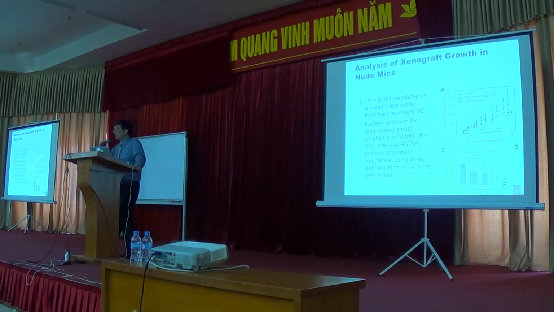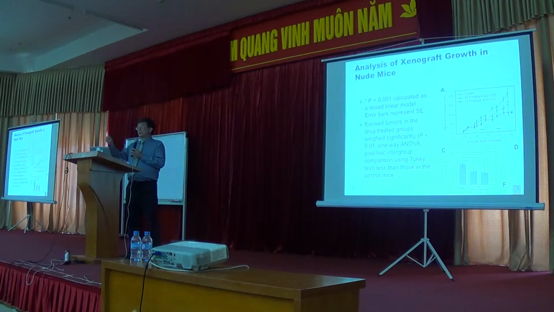So we use these mice to test cancer. We inject human cancer cells into these nude mice, and the nude mice are not able to reject the human cells. And these human cells would grow tumors, and the cancer can grow and sometimes spread.